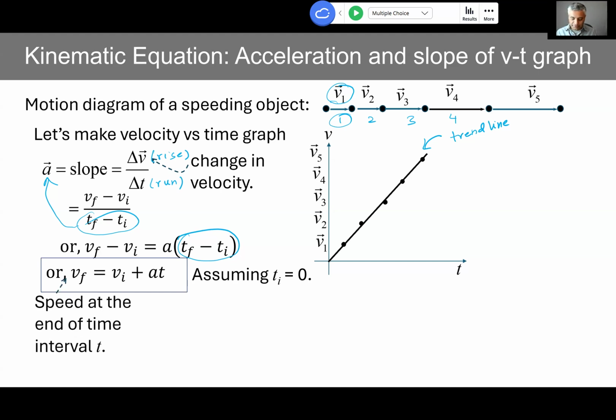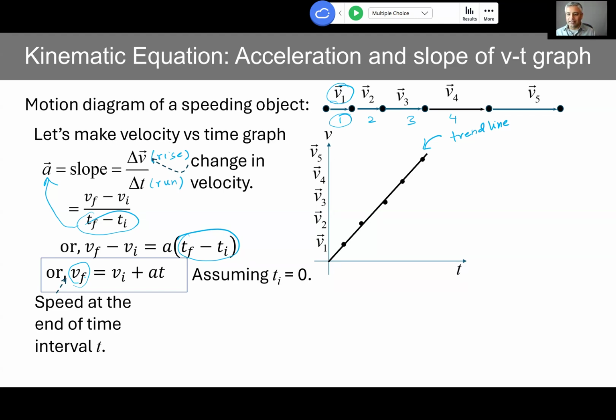So what is it doing? This is the final velocity, so what is final? Whatever time interval we decide to make measurements in, the end of that time interval is your final. The object could still be moving, but we don't care after that. Let's say we decide to take observations until 5 seconds, then your final velocity is the velocity of that object at the end of those 5 seconds.